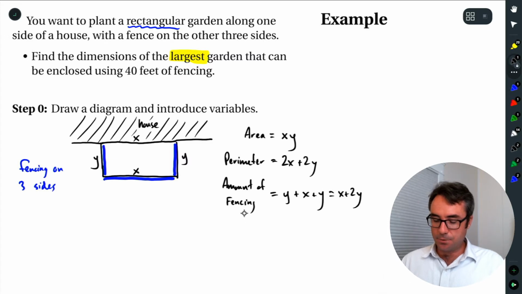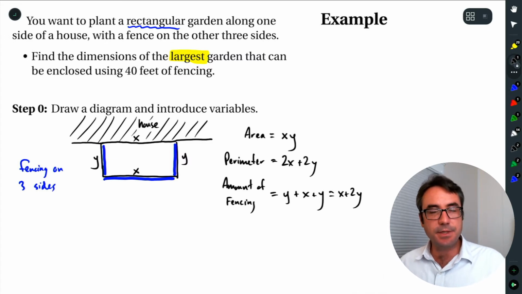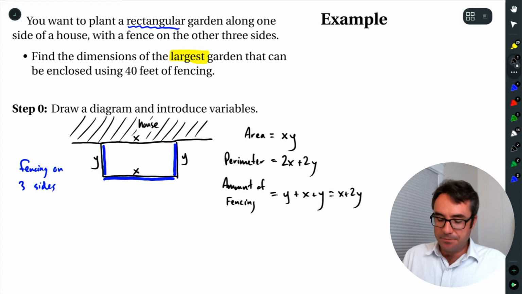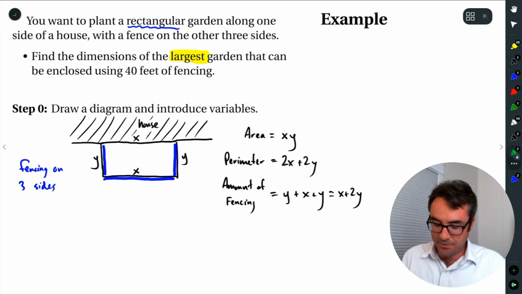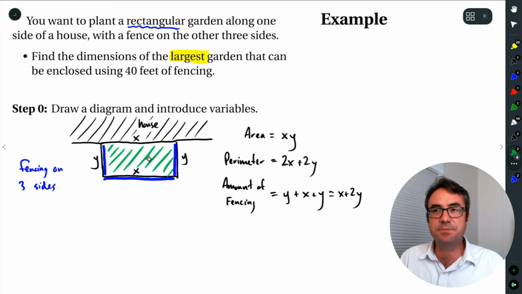All right, so maybe there's other things we need to consider, but if we're thinking about the problem here, what is the largest garden? Well, if we're planning a garden, what we're worried about is how much space do I have in here to start filling up with some plants? I'm worried about the space.